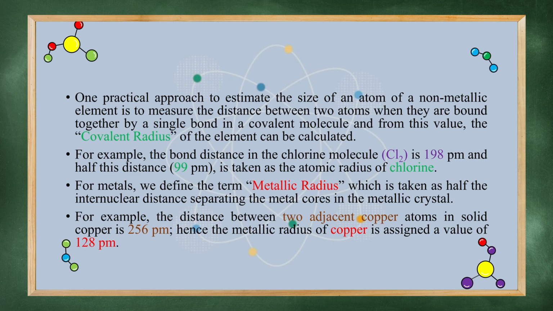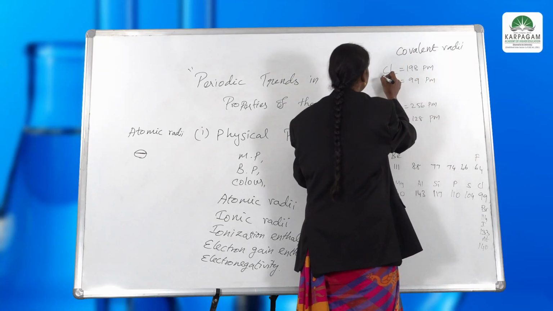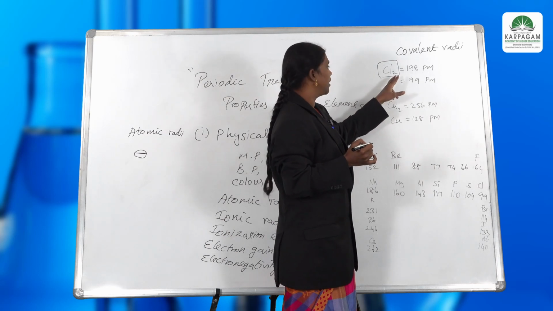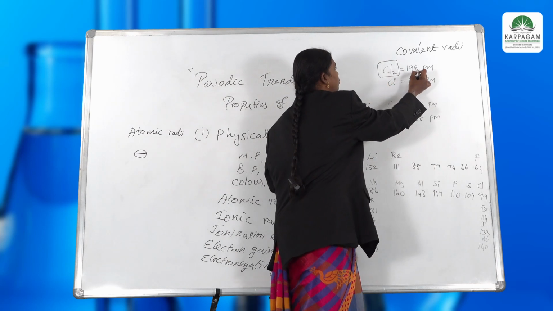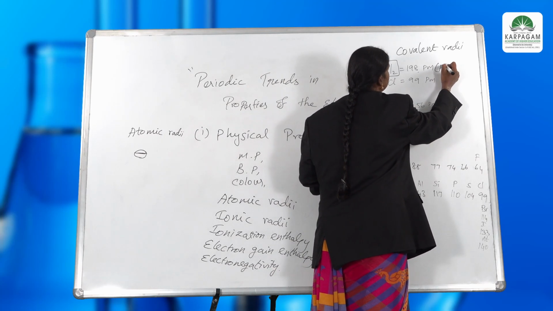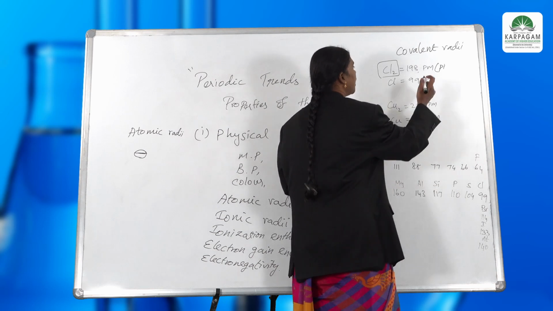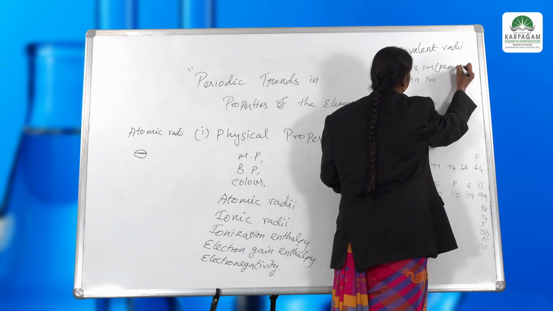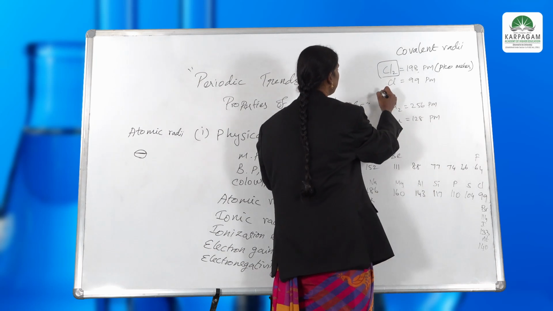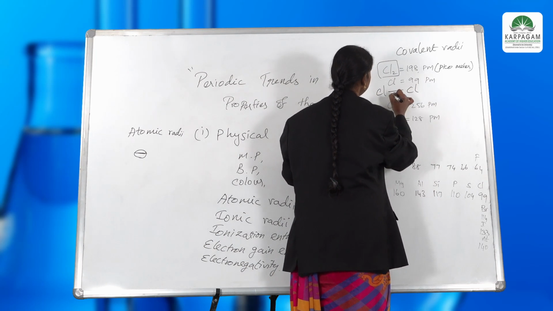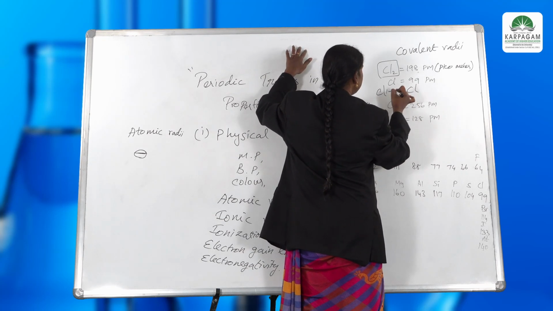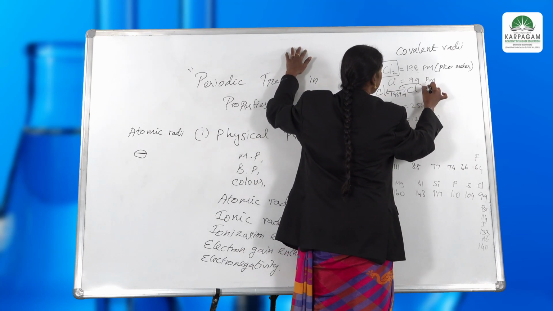It is called covalent radii because here the chlorine atom distance is measured. That distance is 198 picometer. The distance between atoms is measured in the unit picometer. So the chlorine to chlorine distance is 198 picometer, and this bond is considered a covalent one.